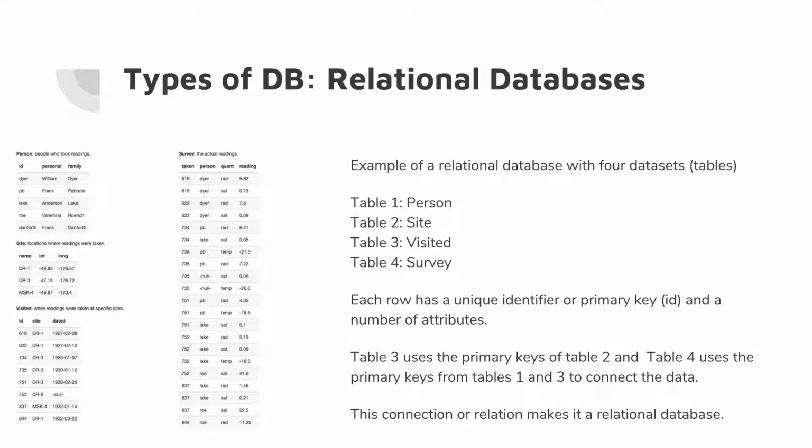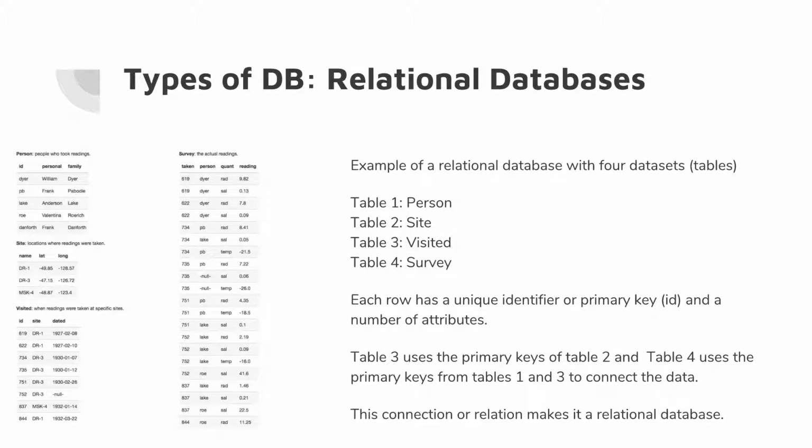If you take a closer look, you will see that table 3, for example, which lists the locations where research has been conducted, uses the primary keys of table 2, which is the geolocation of different research sites.